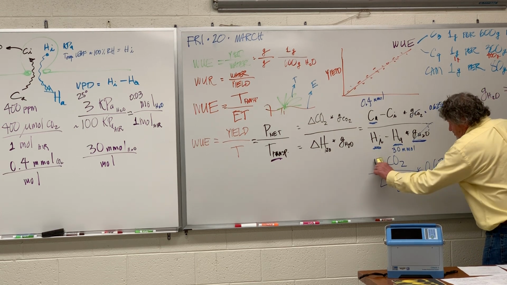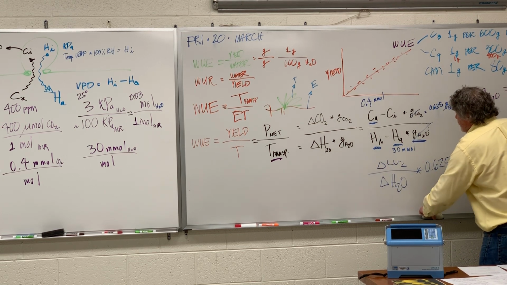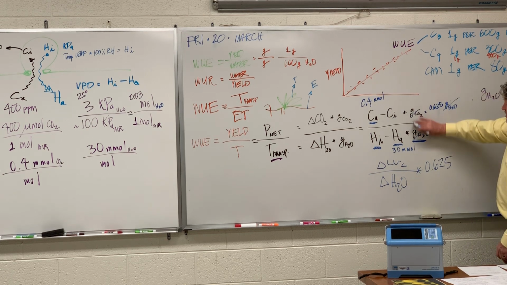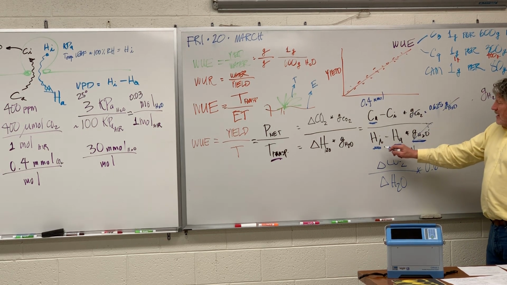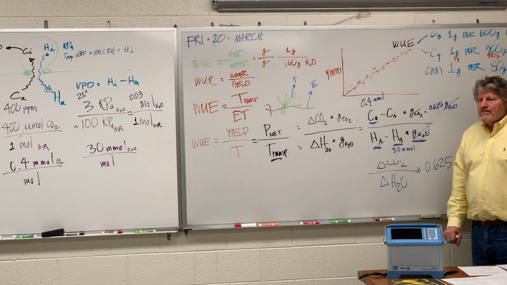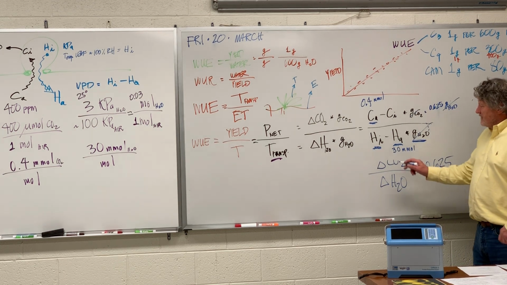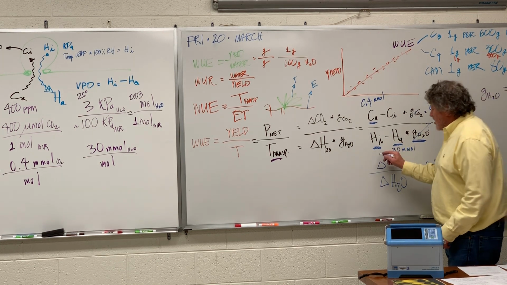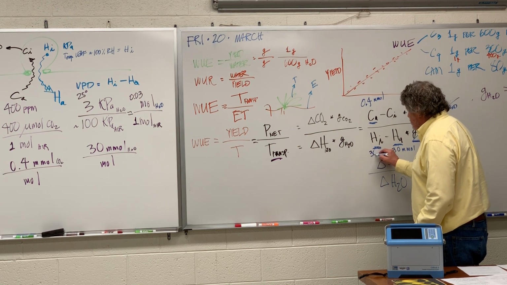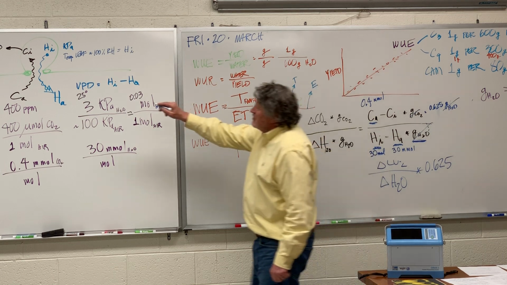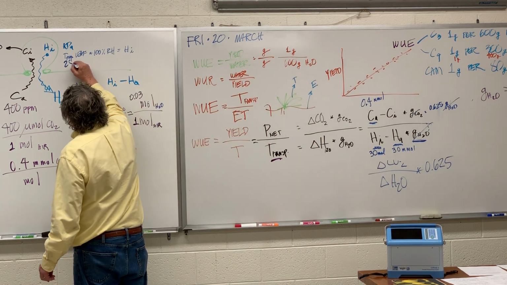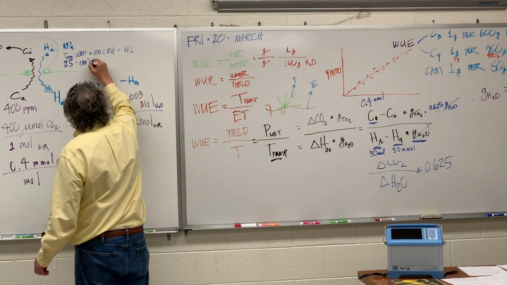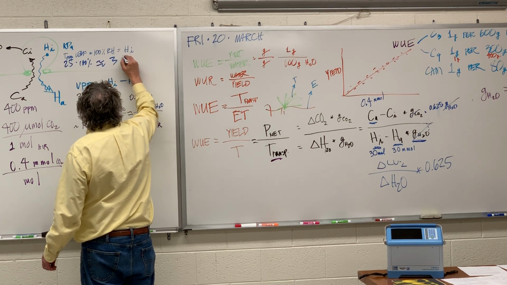I can erase some of this so you can see it. There's two of our numbers. This cancels. How about HI? HI should be 30 millimoles, because that's 25 degrees, about 25 degrees, 100% RH is about 3 kilopascals.